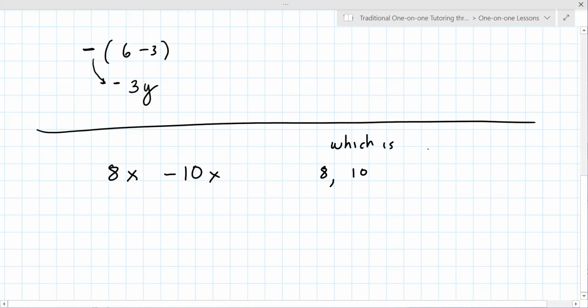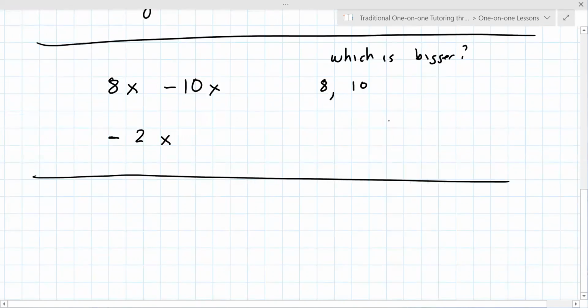Which is larger? Negative 10x. And then we have to subtract, and that will give you negative 2x. Very good. So if you follow this, whichever one is bigger, you look at that one, you figure out the sign, then you take the bigger minus the smaller every time.